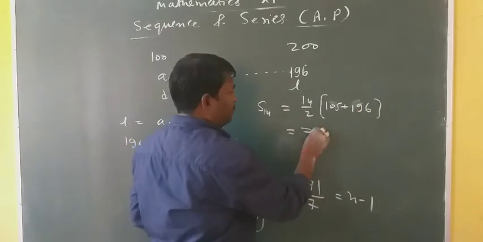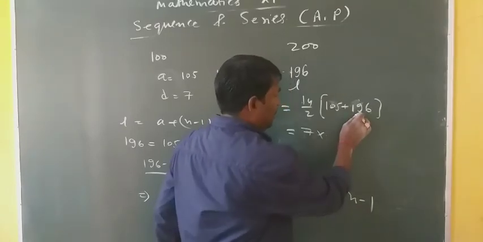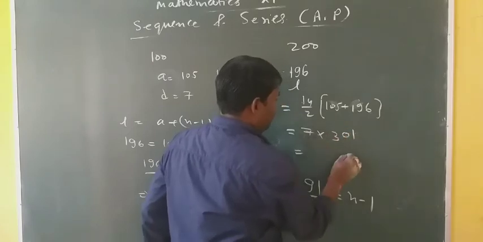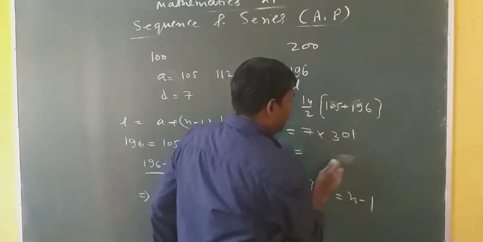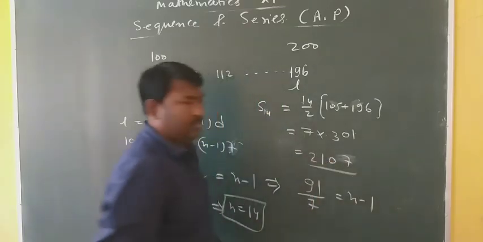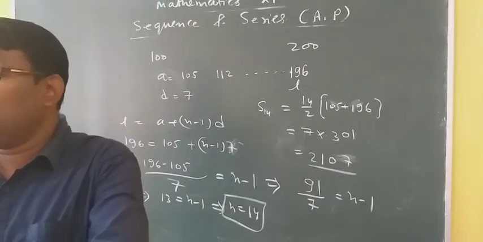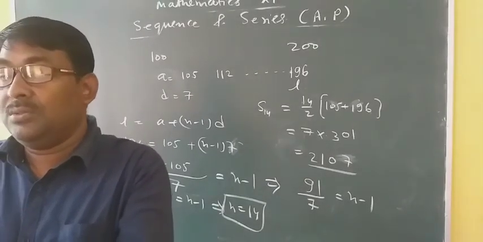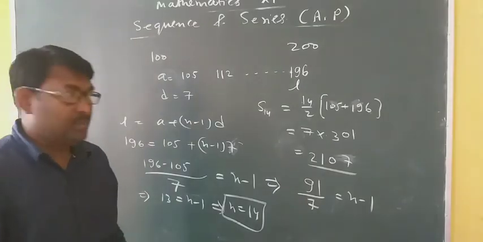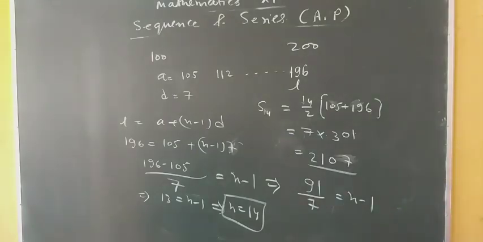So 7 into 105 plus 196, 301. 7 into 301 is 2107. Is it 2107? 2107. Yes.